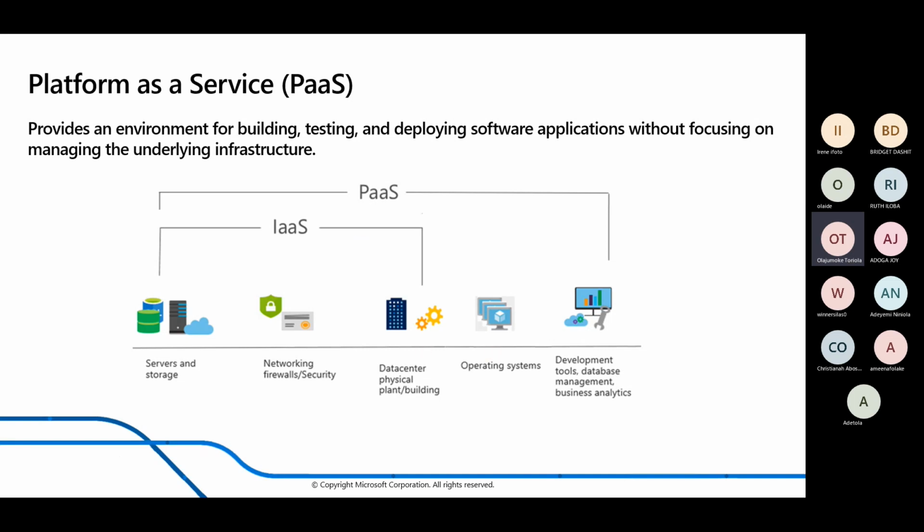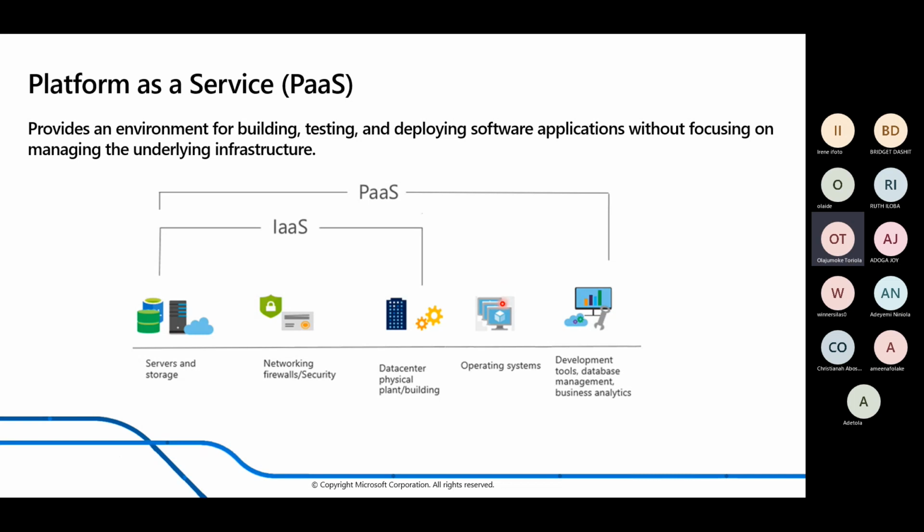So in platform as a service, the cloud provider maintains the physical network, the physical infrastructure, the physical security and connection to the internet. They also maintain the operating system, the middleware, the deployment tools, and the business intelligence services that make up the cloud.